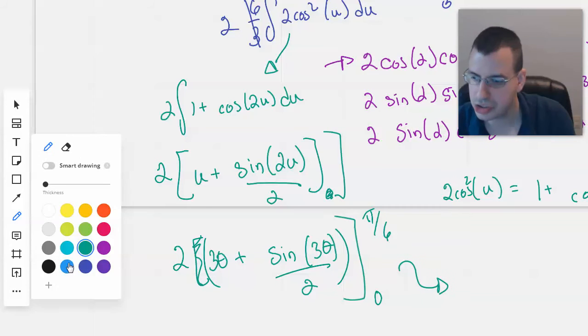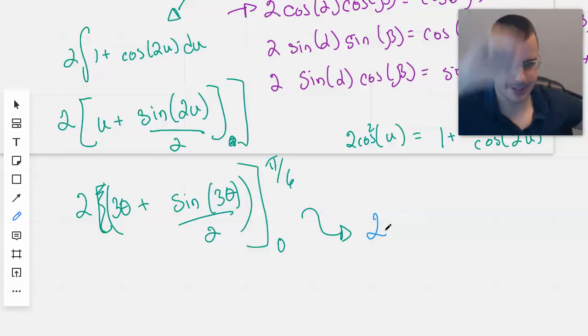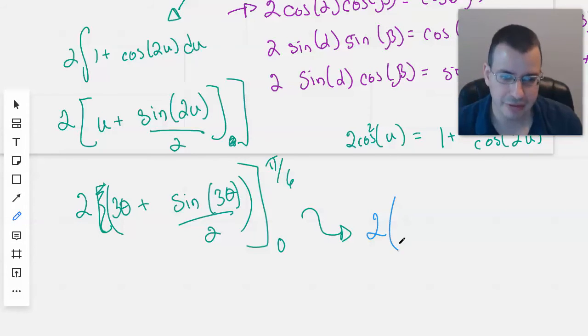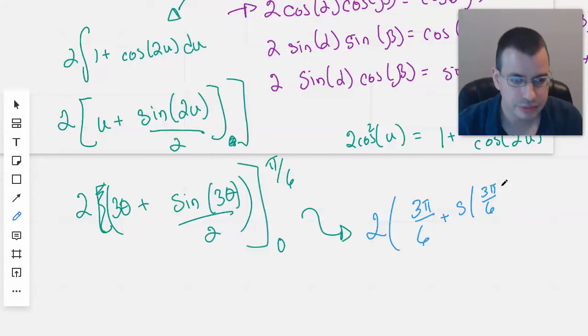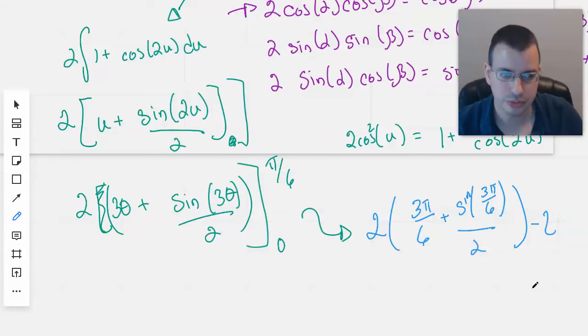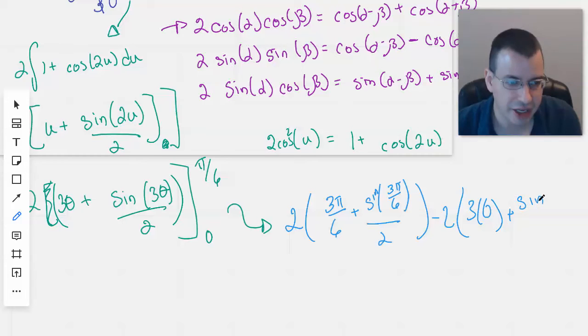All right, we can do this. Focus. So we have 3 pi over 6 plus sine of 3 pi over 6, over 2, minus 3 times 0 plus sine of 3 times 0, which would be 0 over 2.